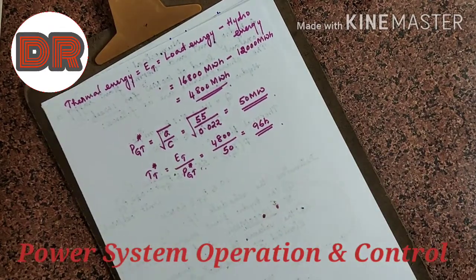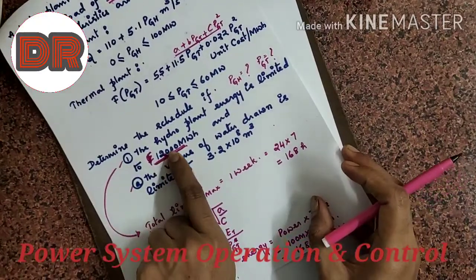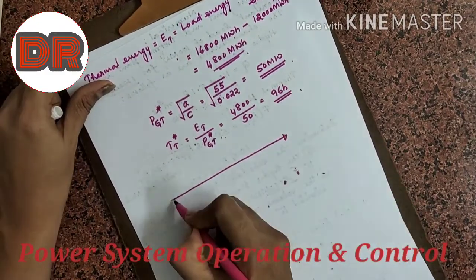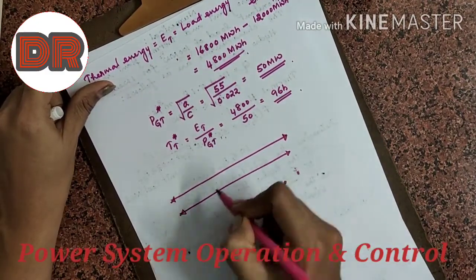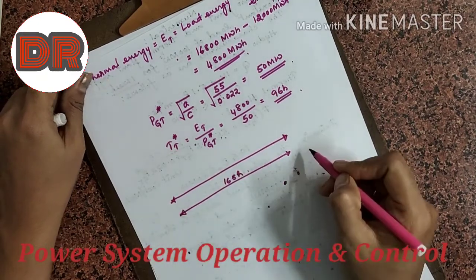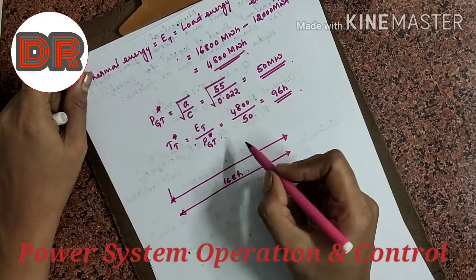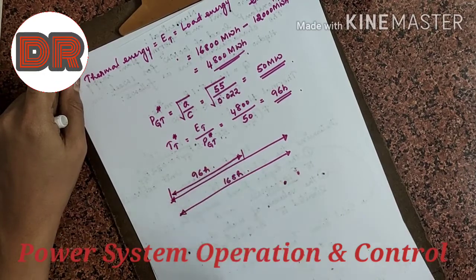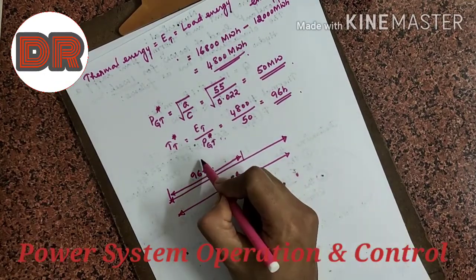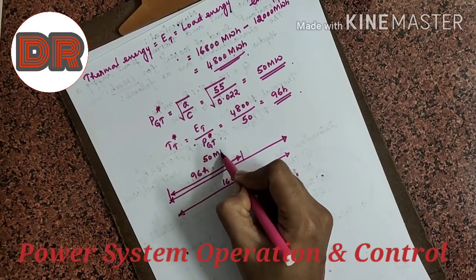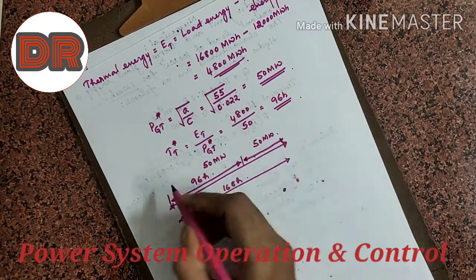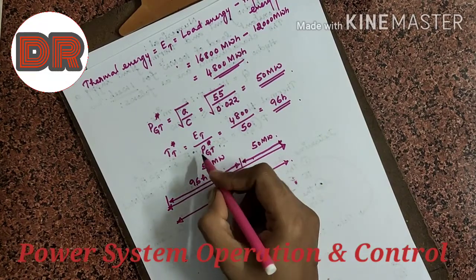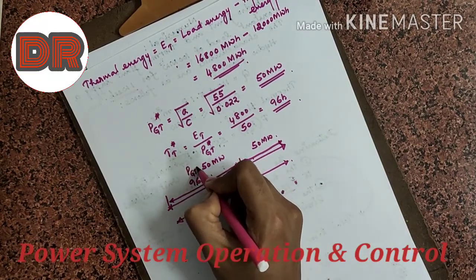So based on the first condition, out of 168 hours in total, the thermal power plant is on for 96 hours, with 50 megawatt thermal generation.